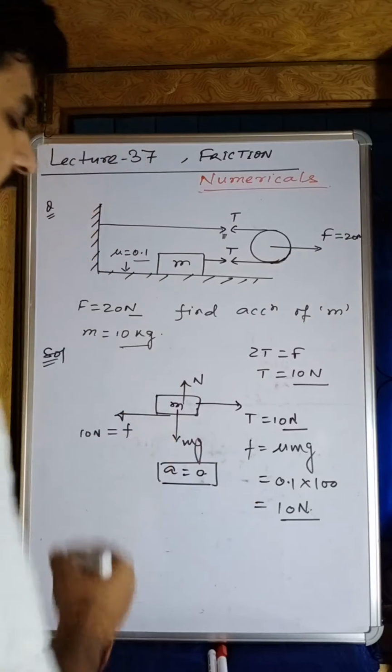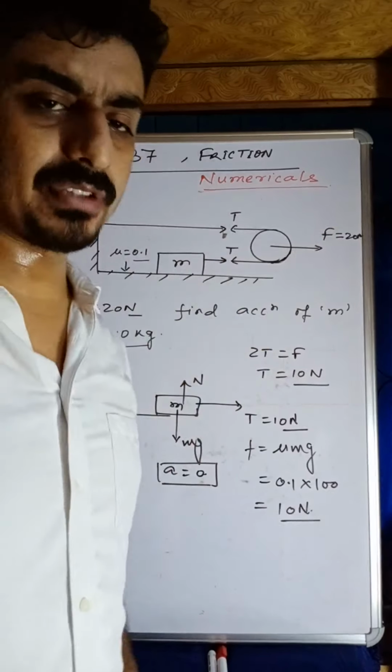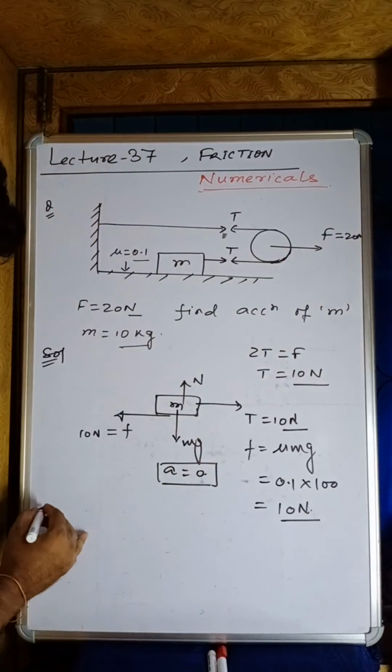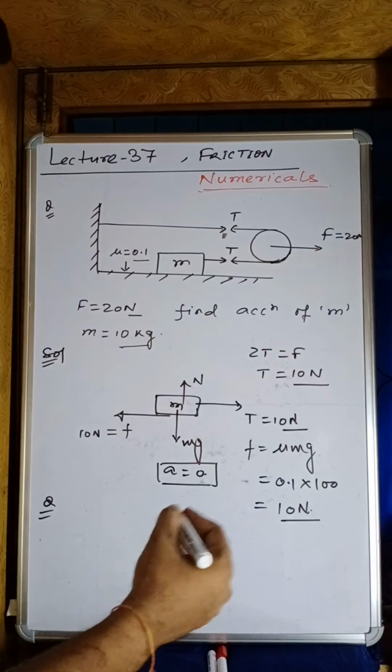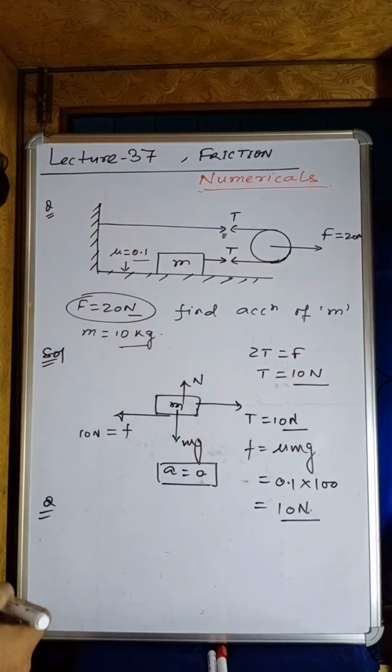Remember, this is the answer. But my dear students, if we change this data slightly, we will have an acceleration. Suppose now a force of 25 Newton is applied, or 30 Newton. If this F is now 30 Newton, we have changed this data.